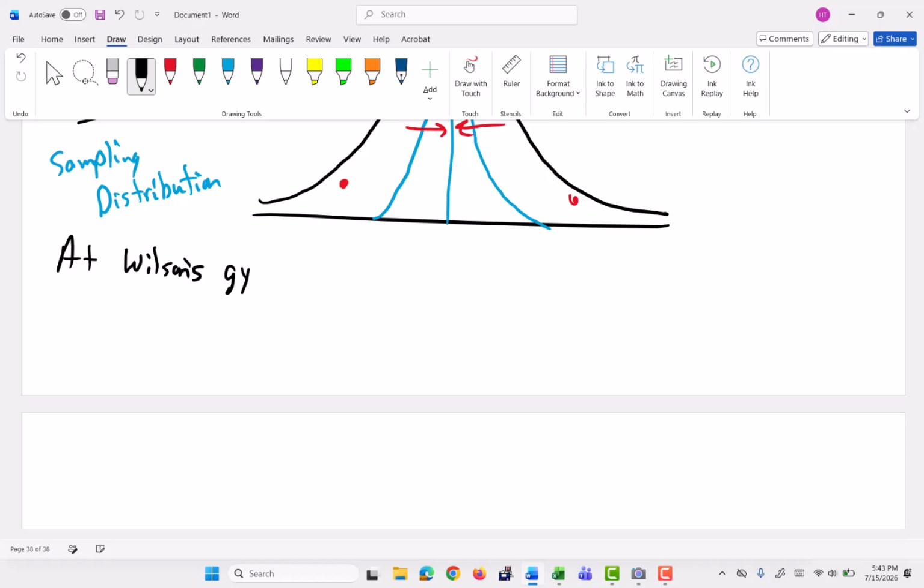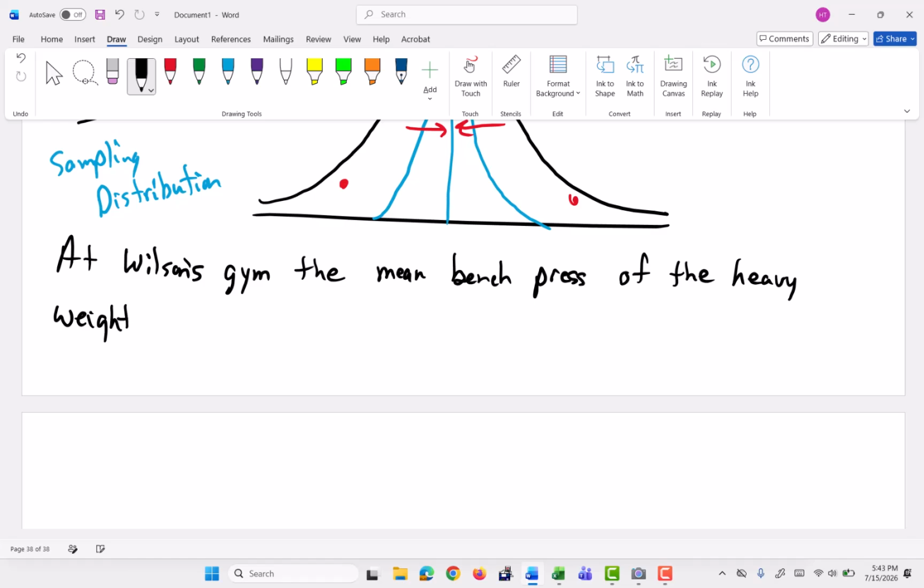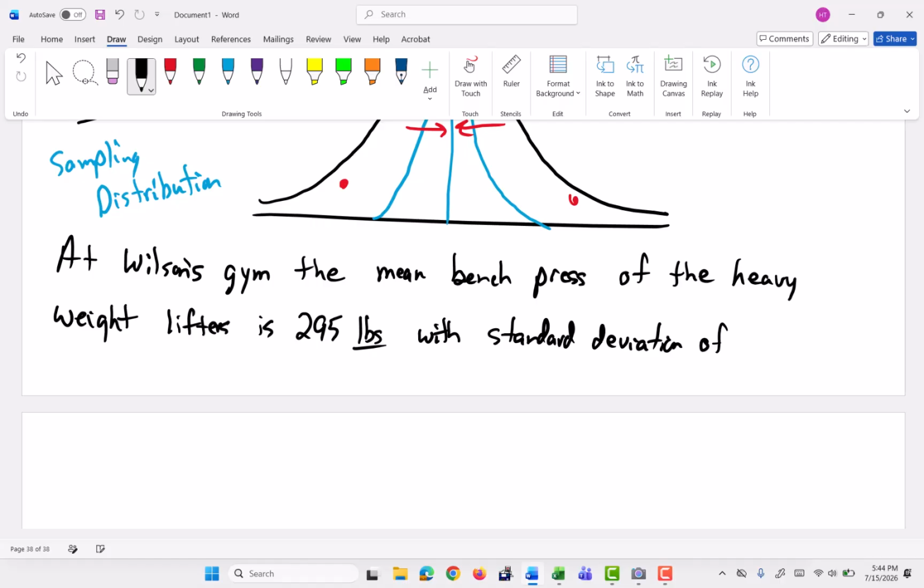And at Wilson's Gym, the mean bench press for the competitive athletes, the heavyweight lifters, is 295 pounds with standard deviation of 45 pounds.